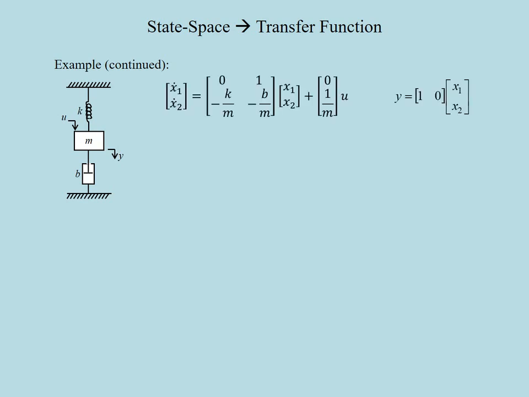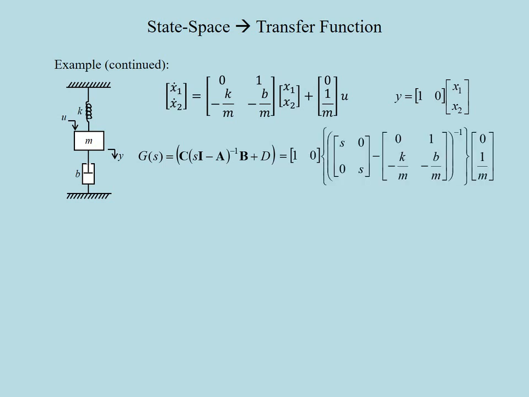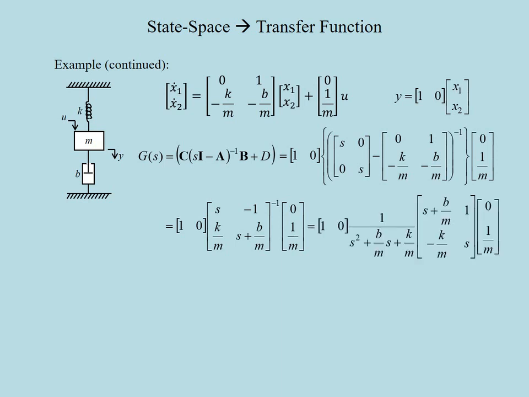Recall the system and output equations of this system. We can use the formula expressing the transfer function in terms of the A, B, C, and D matrices. Substitute the matrices A, B, and C into this formula and rearrange the terms under the matrix inversion. It is not difficult to invert this matrix as its adjoint matrix divided by its determinant.